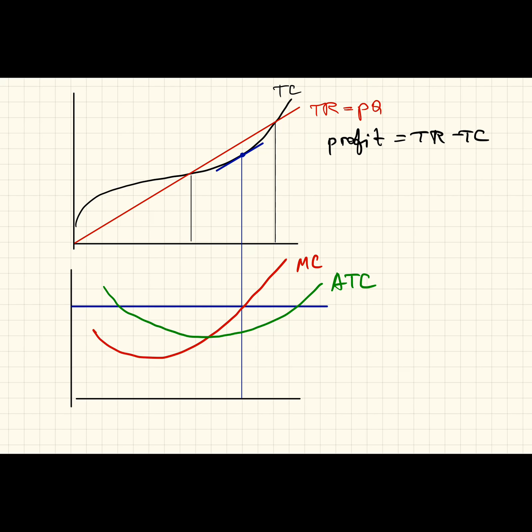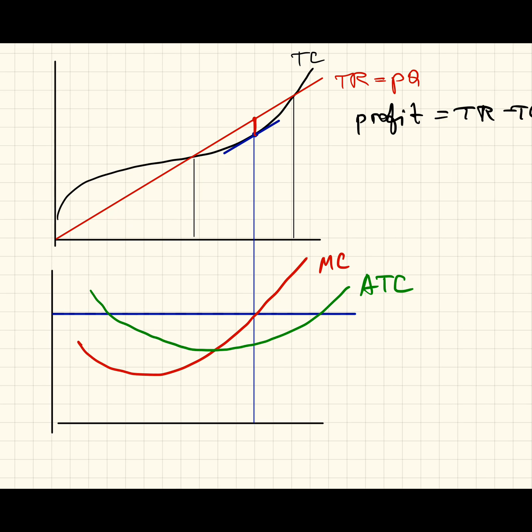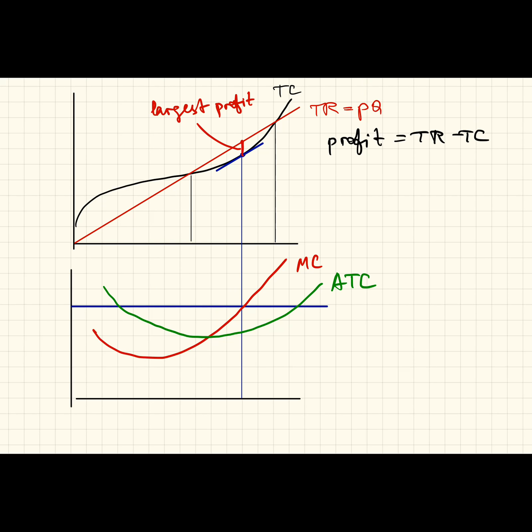And well, I can tell you right away that it looks like this is where the distance is the largest. So this is total revenue, this is total cost, and that's the biggest difference you can get. So that's the largest profit.